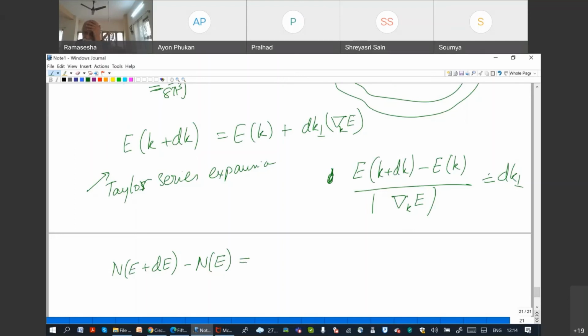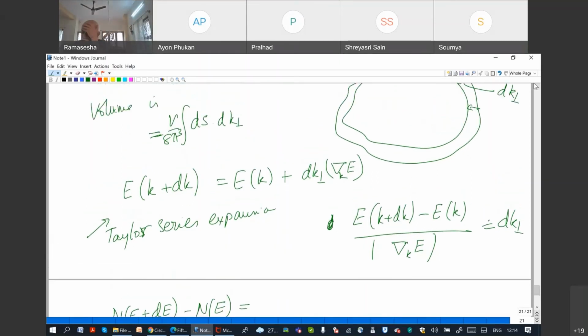Sir, how did you get E of k plus dk equals E of k plus dk del kE? It is the Taylor series expansion for f of x plus dx. And this is a three-dimensional function.